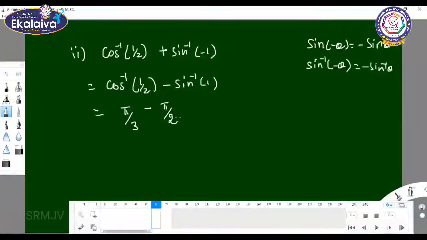So you can take the LCM, which is 6. That gives 2 pi minus 3 pi. The answer is minus pi by 6.